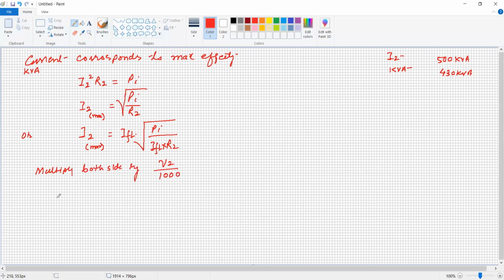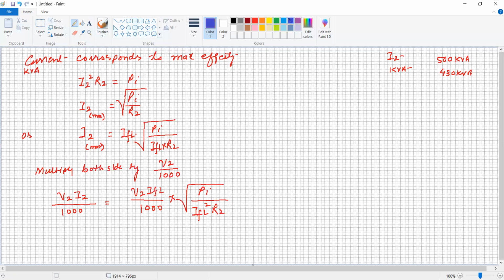We get V2 I2 divided by 1000 is equal to V2 I full load divided by 1000 into under root Pi divided by I full load square R2, isn't it?